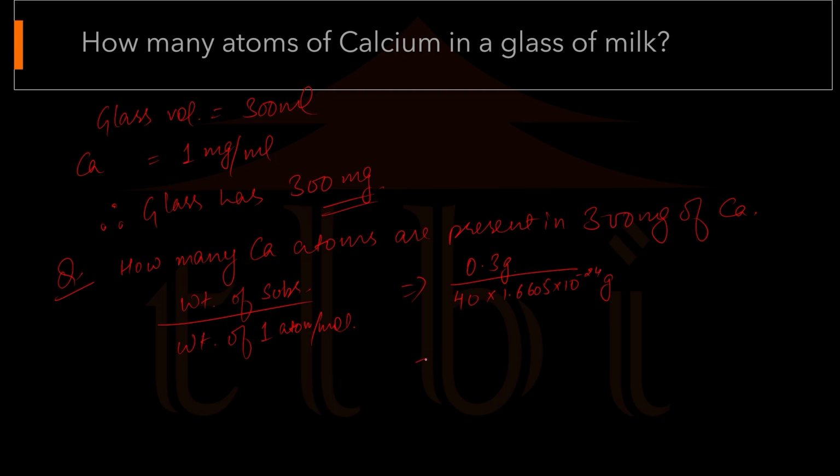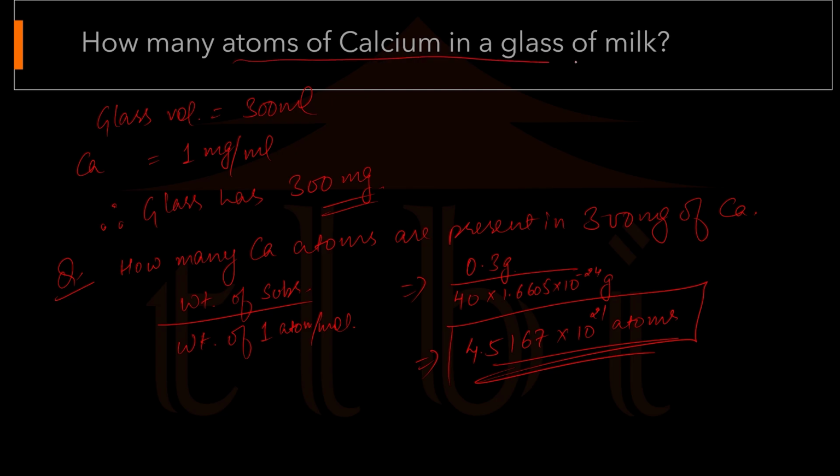Alright. Now when you calculate this, you will get approximately 4.5167 into 10 raised to power 21 atoms. Right. So that many atoms of calcium are present in a glass of milk.